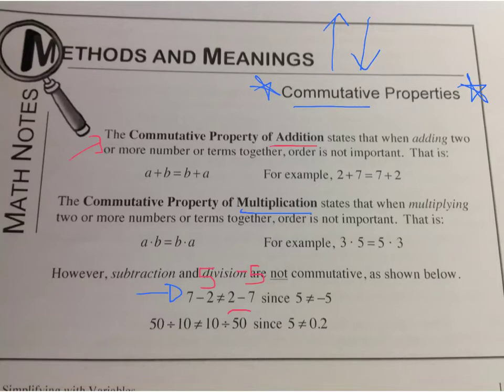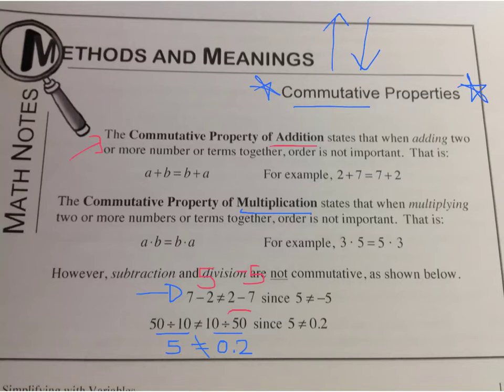Now we also have division. If I did 50 divided by 10, I know that's 5. But if I reverse it and do 10 divided by 50, that's not going to give me 5. That's actually going to give me a decimal, 0.2. Those are not equal. Remember, that little symbol right there means not equal. So this is pretty important: division and subtraction are not commutative.